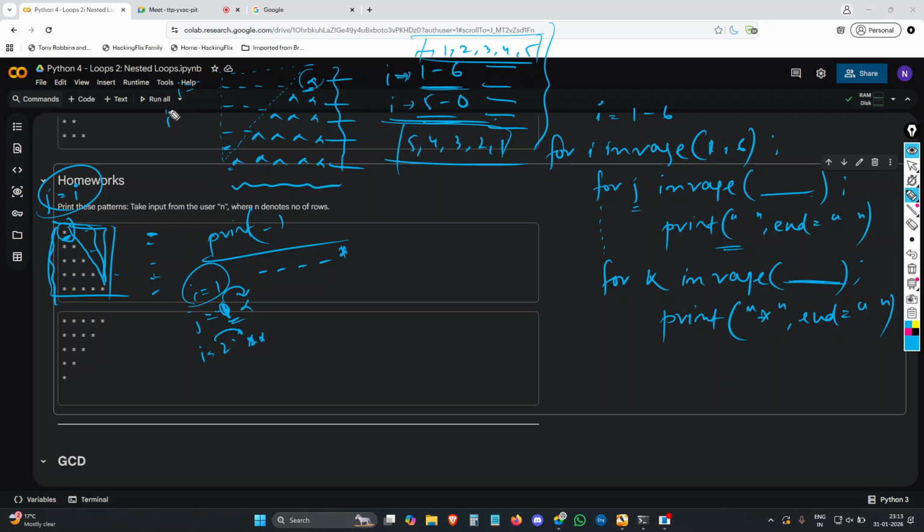If you observe, for my I equals to 1, my K is printing 1 time. For I equals to 2, K is printing 2 times. I equals to 3, K is printing 3 times. I equals to 4, K is printing 4 times. I equals to 5, K is printing 5 times. So maybe I can run this loop dependent on I, correct?